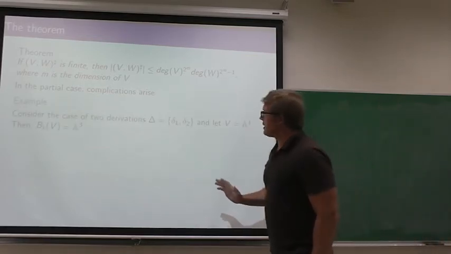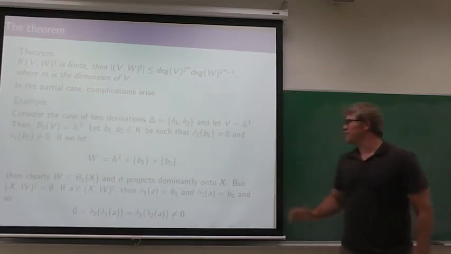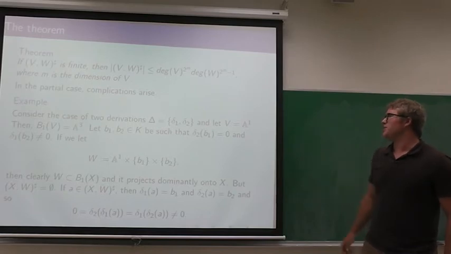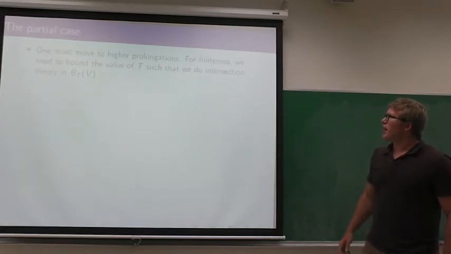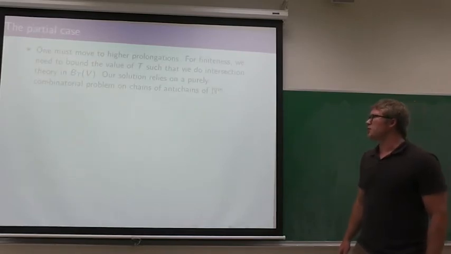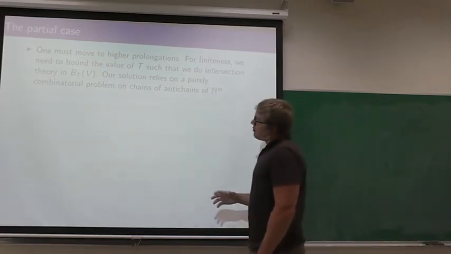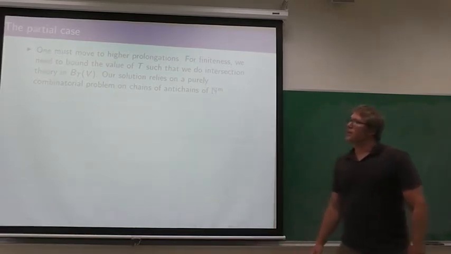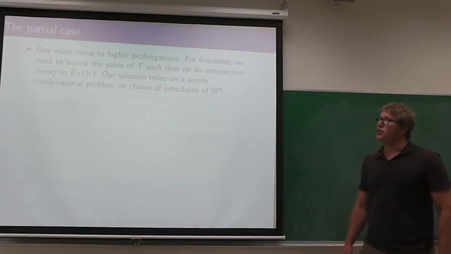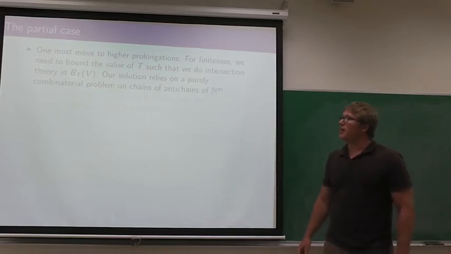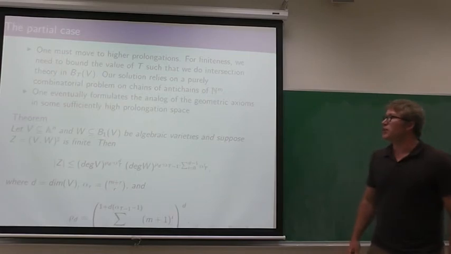And of course, like I said, complications arise in the partial case. It seems like people understand this phenomenon pretty well. But the essential problem is to bound the t in which you have to work in B_t of V, because as t gets larger, so does the degree, and so you need to have a handle on how big t can possibly be, and maybe there are other ways to do this.